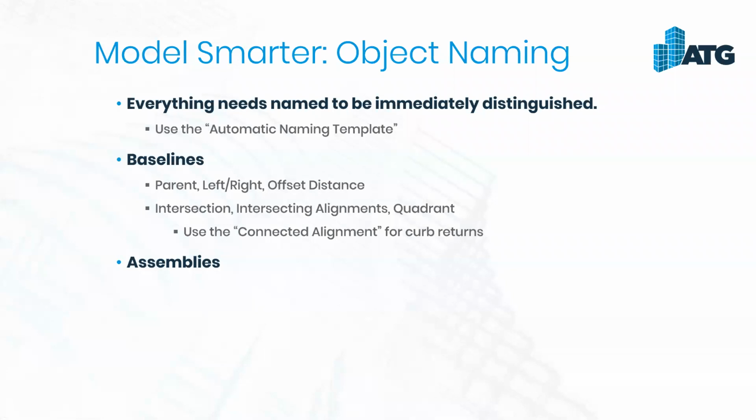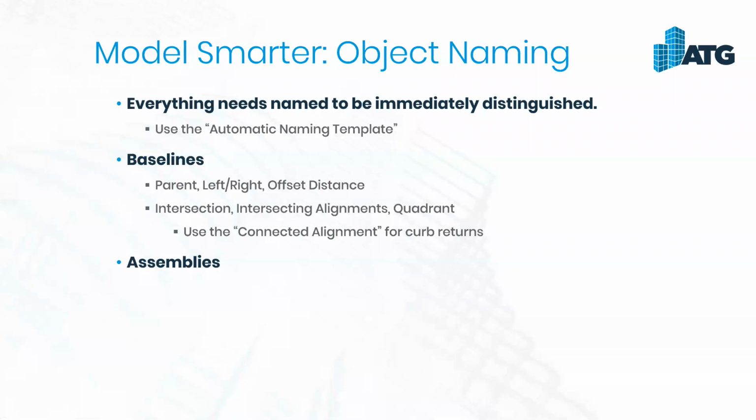I'm going to recommend that you use the automatic naming template command inside. This is most Civil 3D objects. It'll say stuff like for offset alignments, what's my parent alignment? Am I on the left or the right? How far away am I? It'll fill that all in automatically. So we definitely want to use that wherever we can. When we're talking about our baselines, we're going to be really interested in understanding what's our parent object. Are we on the left side or the right side?